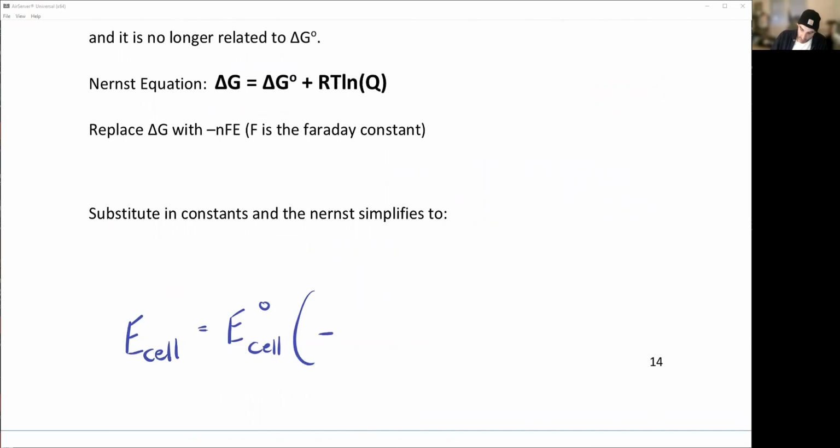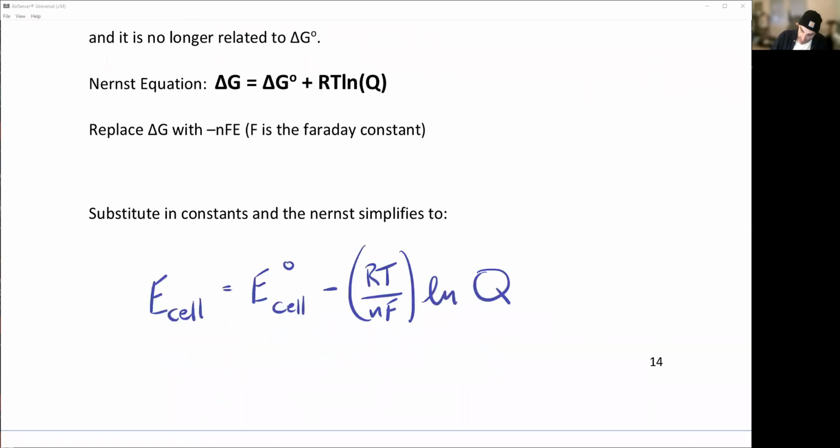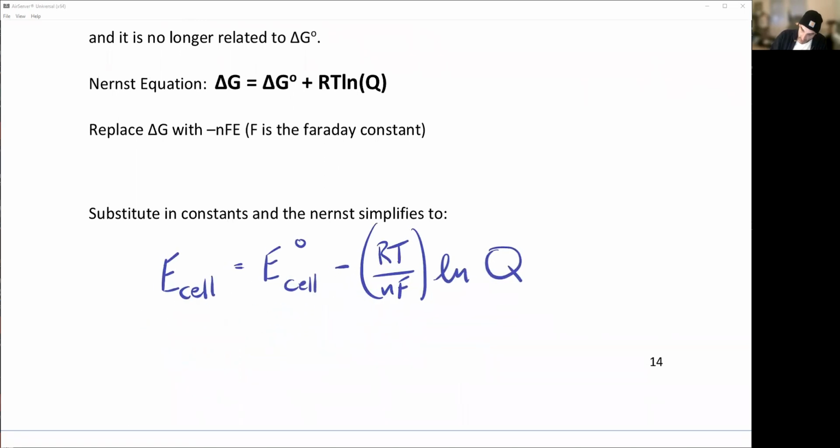E cell is equal to E cell naught minus RT over nF natural log of Q. And we can take all of that and combine it, because most of those are constants.